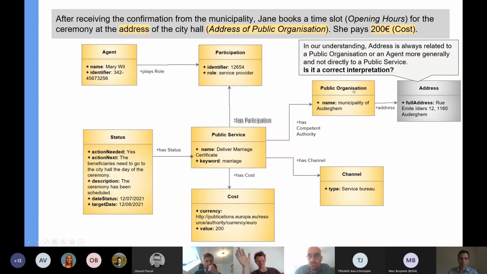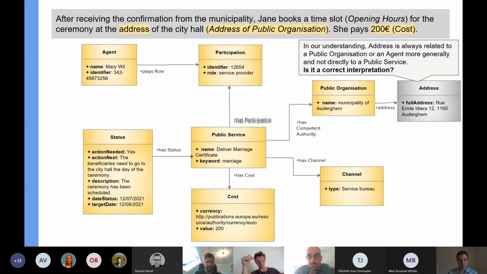Well, we'll have to have the discussion of public organizations still to come, but the address, in my experience, the address of a public organization is the point where you can get in contact with the public organization as a whole you're describing. And that may be something different than the address in which you can get the public service. Could be the same, it shouldn't be the same.